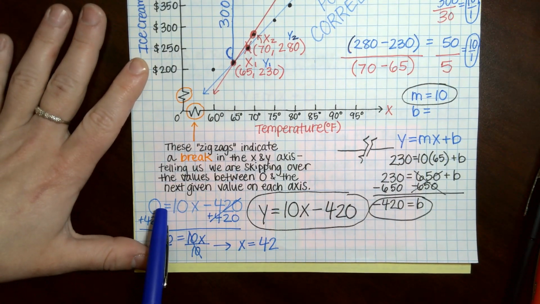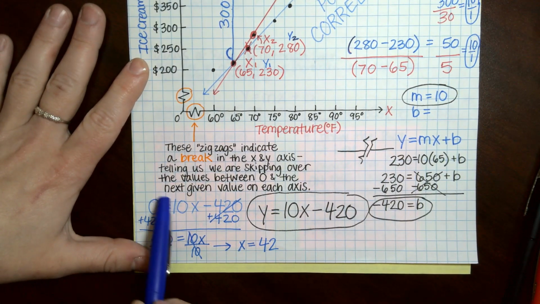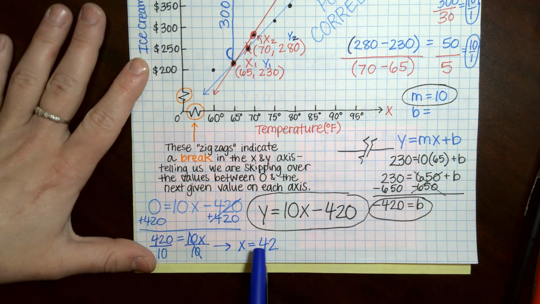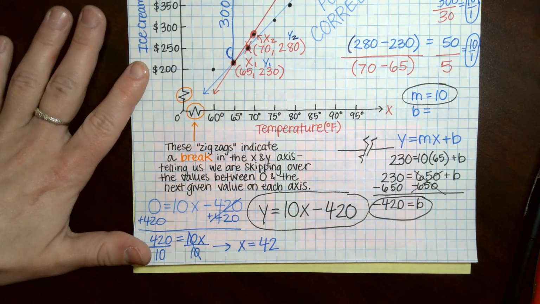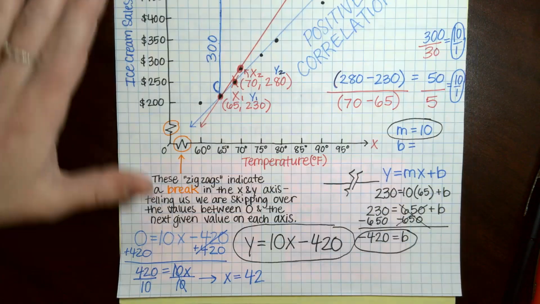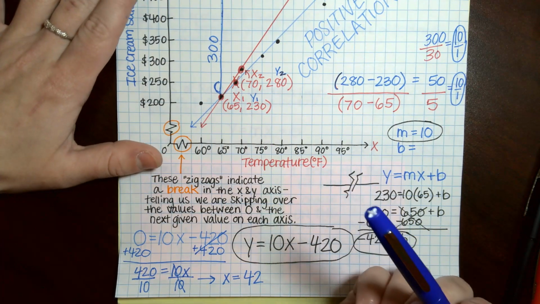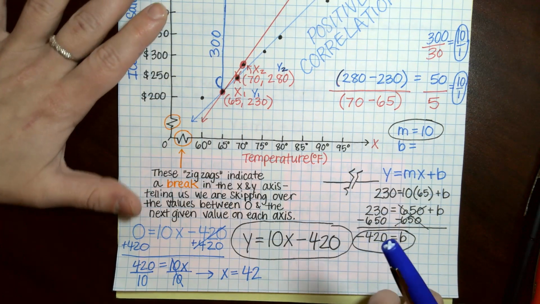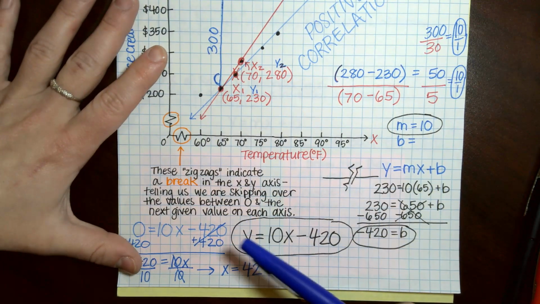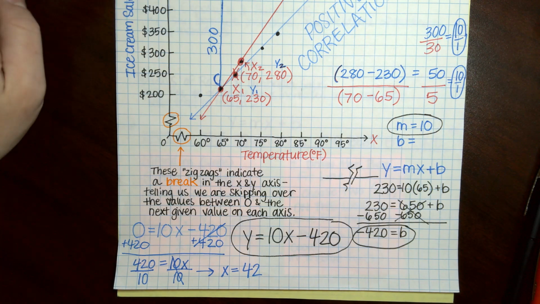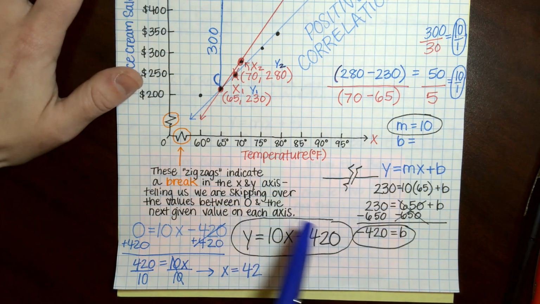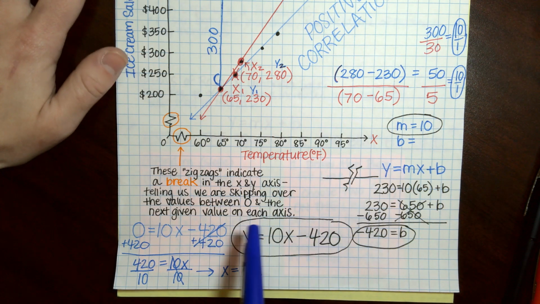That means we will make $0 in sales when it's 42 degrees outside. That's our estimate. Does that mean that it will always be true? No. Colder than that, I guess they're buying ice cream. Right. So we can make educated guesses about information whenever we use the equation we found.